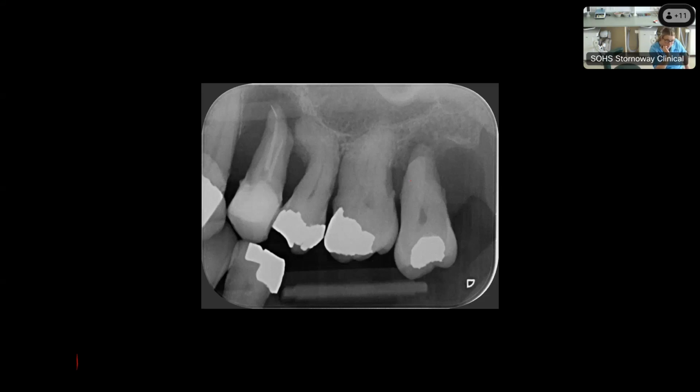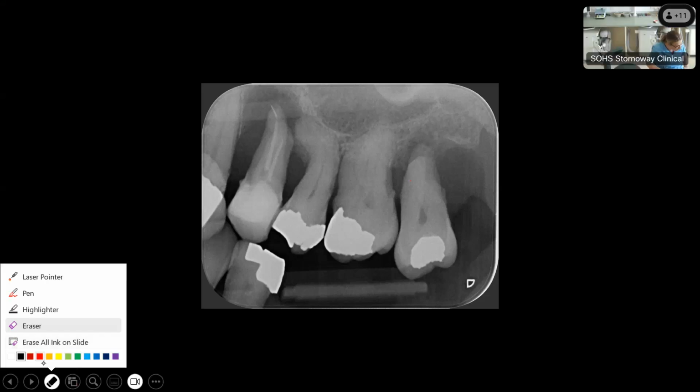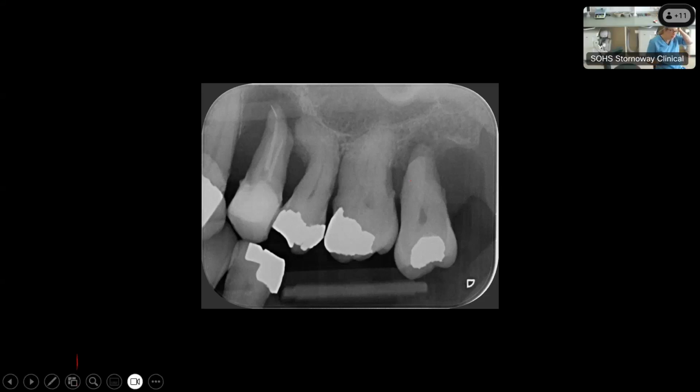Is it just catching the root behind? Yeah, it's to do with the root morphology. That's the mesial buccal root. It's an upper tooth. So we've got our 3 roots, and you can just about make out 3 canals.